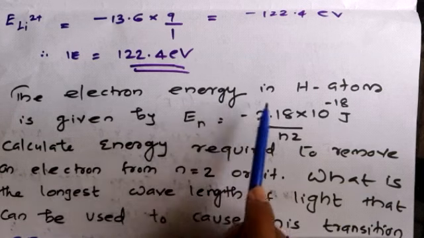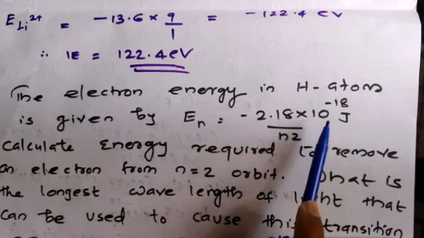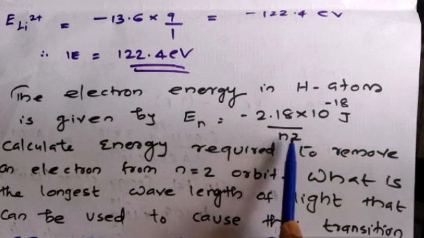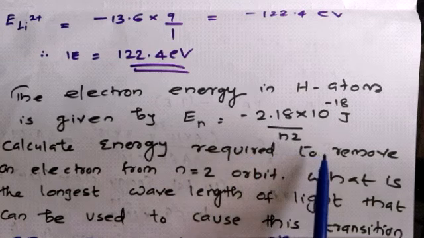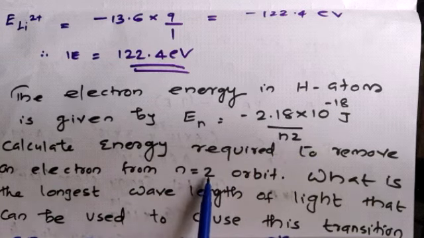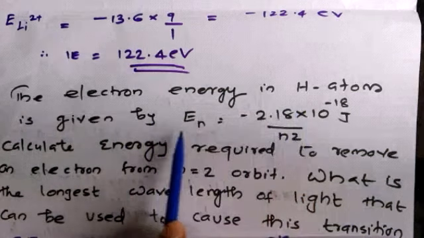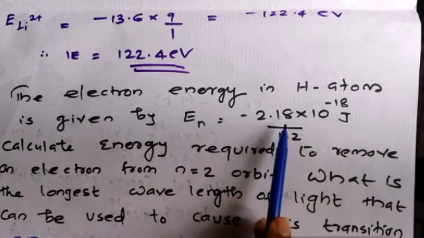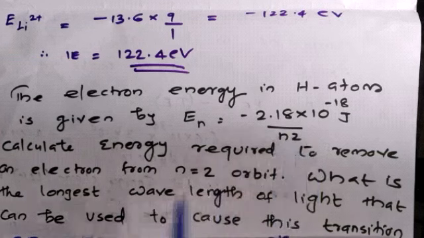The electron energy in hydrogen atom is given by En is equal to minus 2.18 into 10 raised to minus 18 joule by N square.